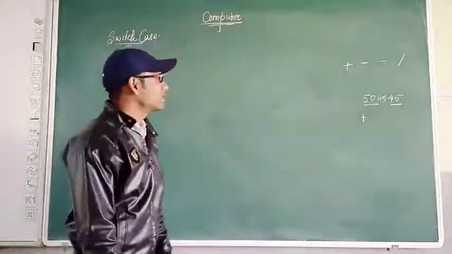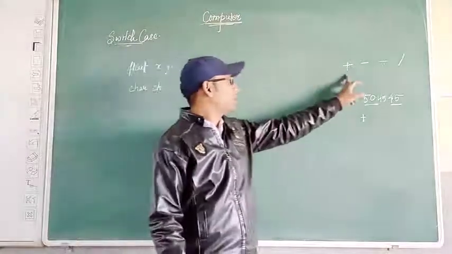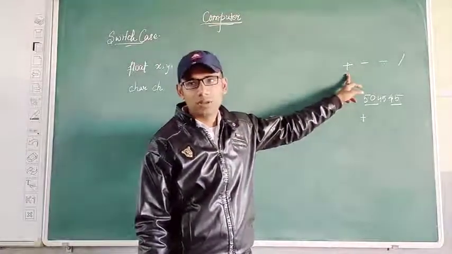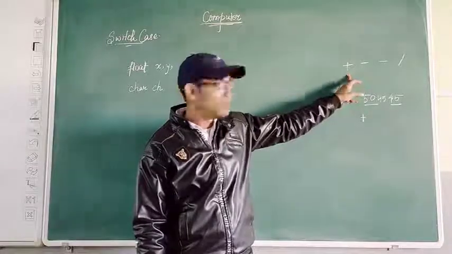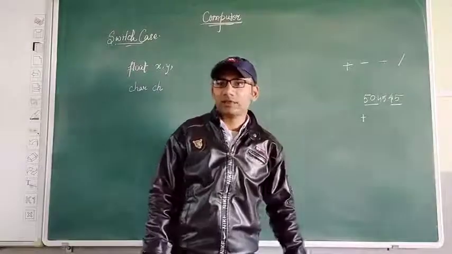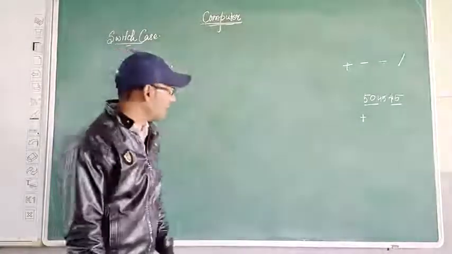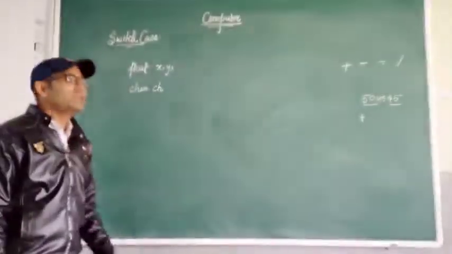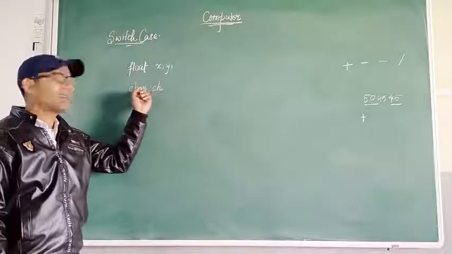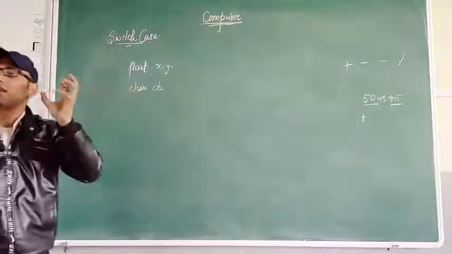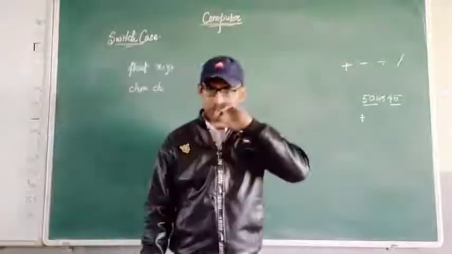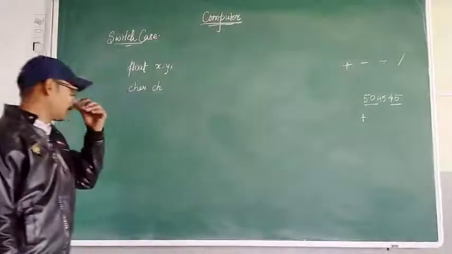Now the thing is, this is neither an integer, nor a word, nor a sentence. These are individual characters, right? So that is why we will be needing a variable of character type, which can contain simply a single character. Okay. Now, char ch.